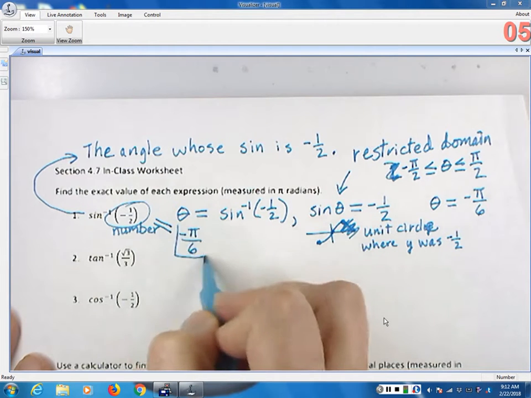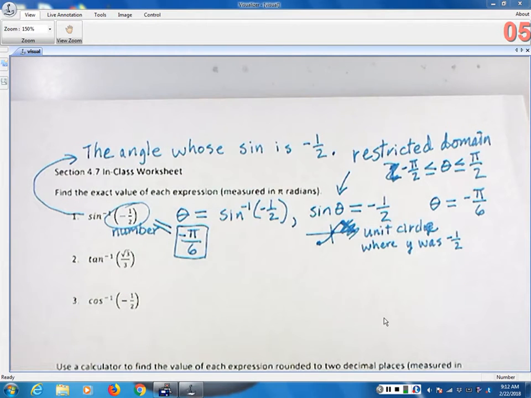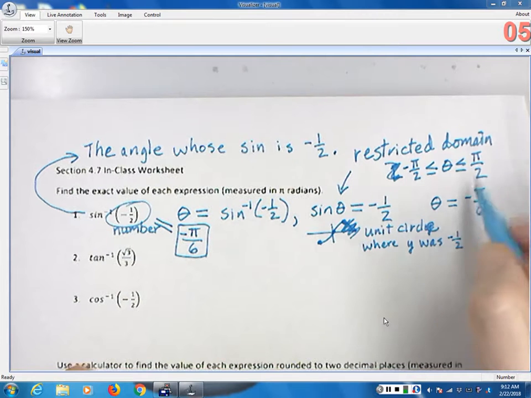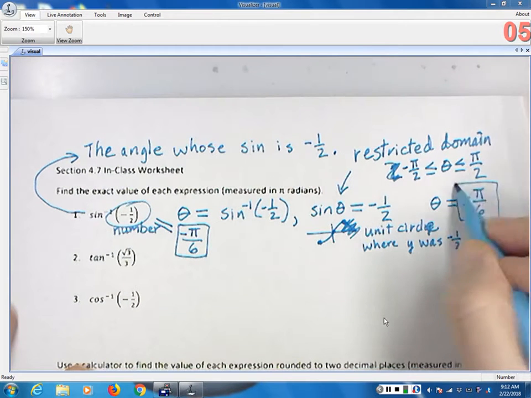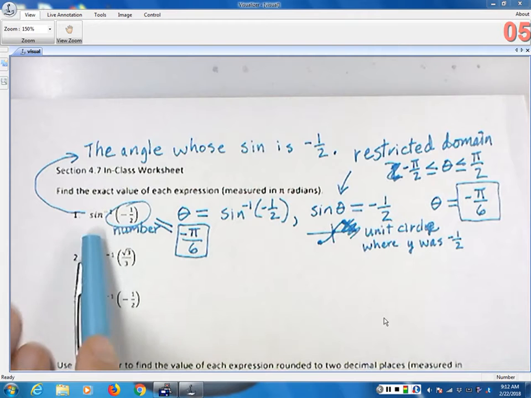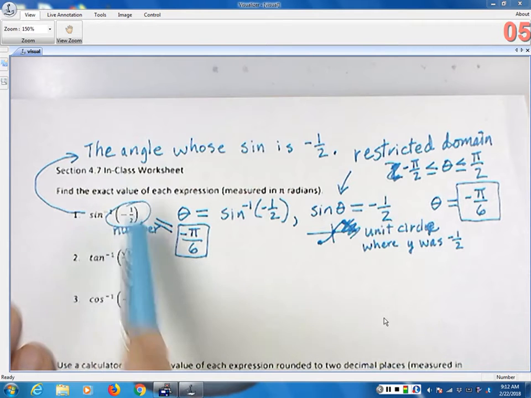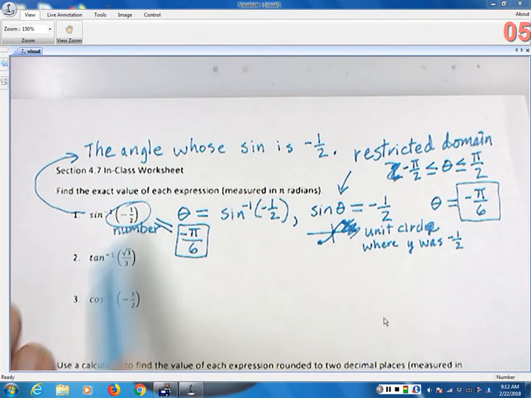And I probably should have left more room if I'm going to write all this stuff. But what's the point of the inverse? Why is it even there? It means the angle whose sine is negative 1/2, because this is just a number, and we're looking for an angle. Why doesn't it just say sine of negative 1/2? Because sine of negative 1/2 is not negative pi over 6.